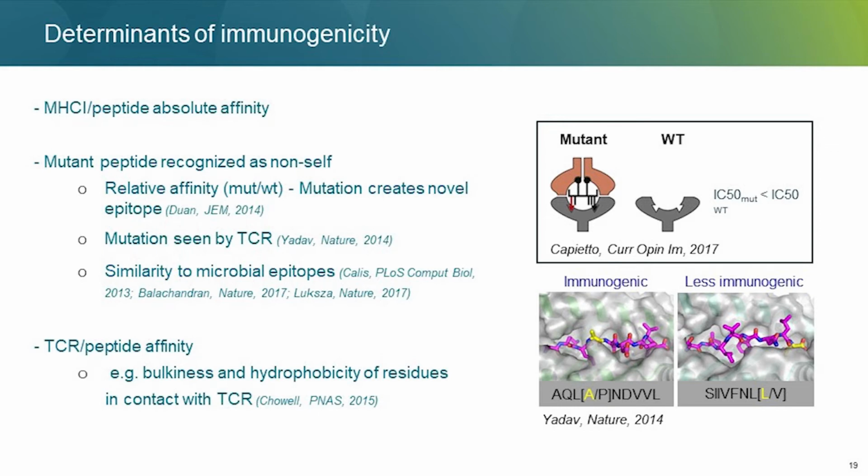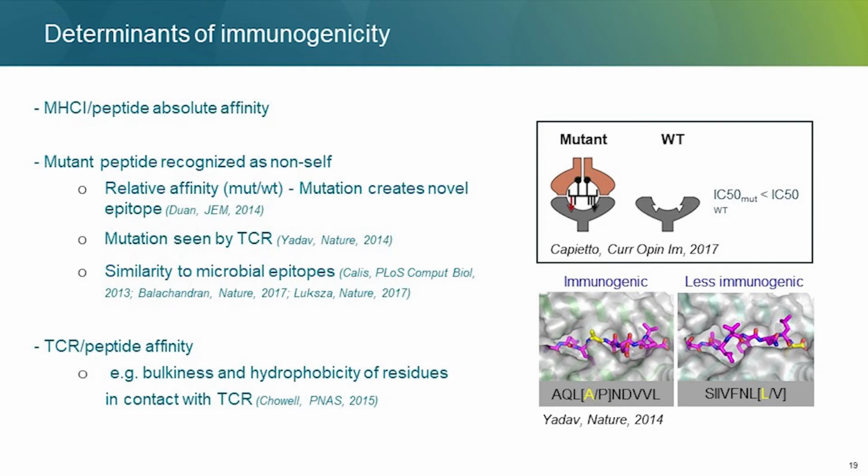And so if the mutation is in the middle of the peptide facing up towards the TCR, it's more likely to be recognized as foreign and immunogenic. While if the mutation is hidden in the MHC class 1 groove and not seen by the TCR, by the T cells, it's less likely to be immunogenic.